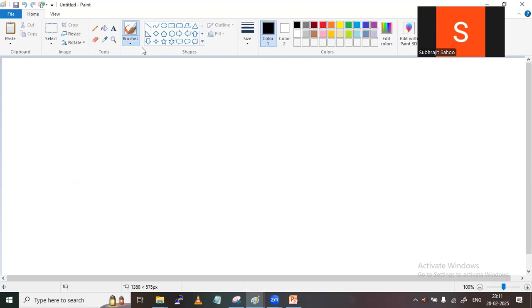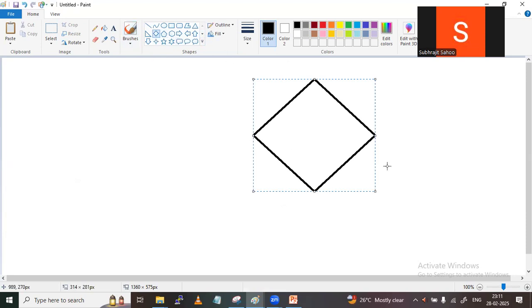The circuit name is the Wheatstone bridge circuit. You might know the construction of this Wheatstone bridge circuit. It is a diamond shape with 4 resistances.